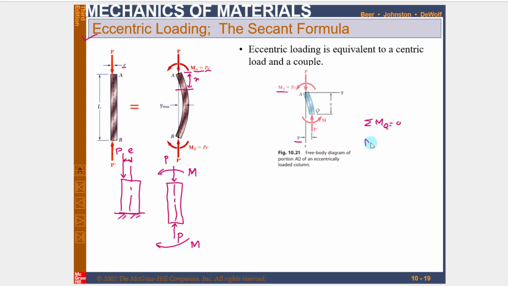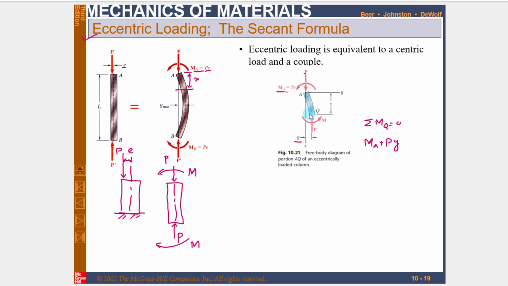The other moment is due to the axial load, P into the perpendicular distance Y. The moment will be M_A plus P Y; this is counterclockwise, so it is positive, and P into Y is also counterclockwise.